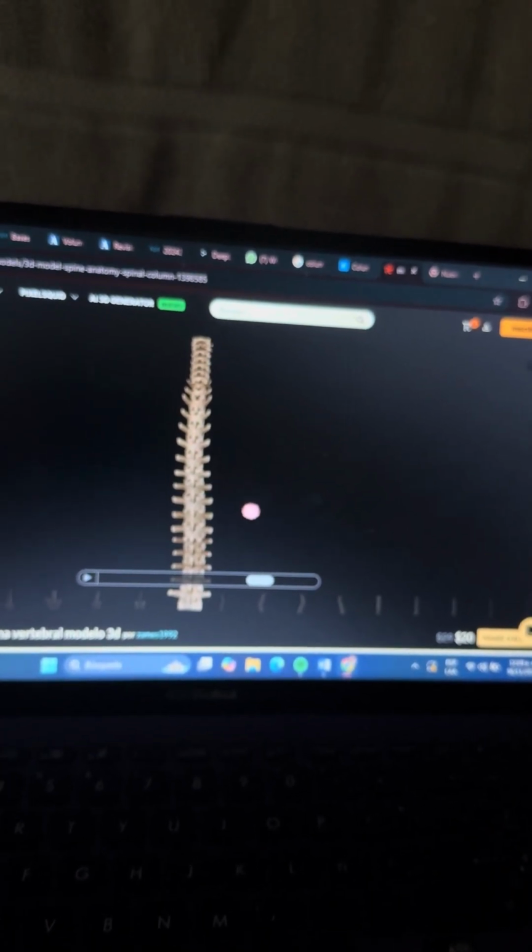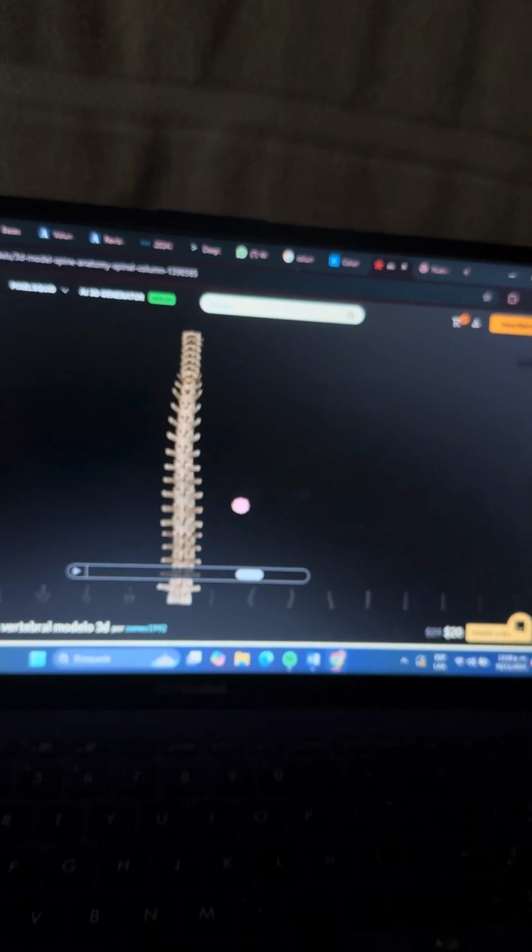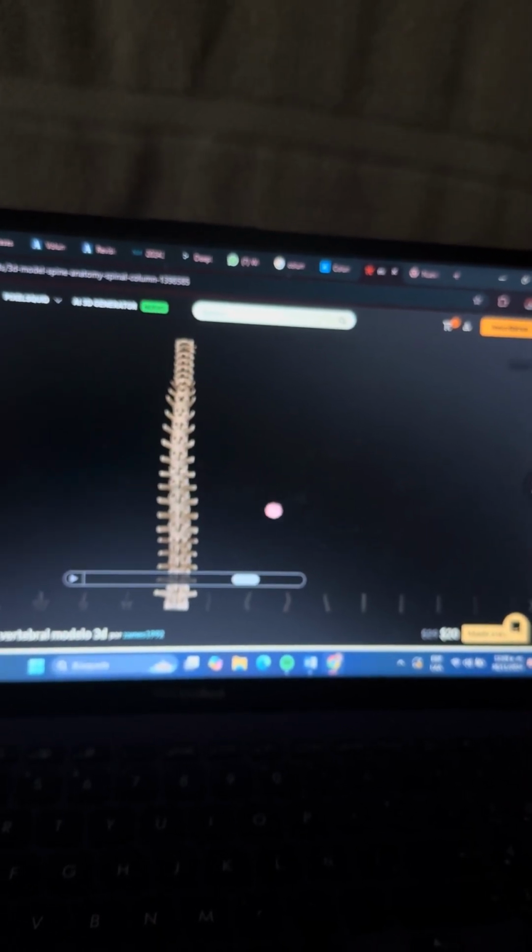Long and short rotator muscles, crossed with fibers, form the multifidus muscle.